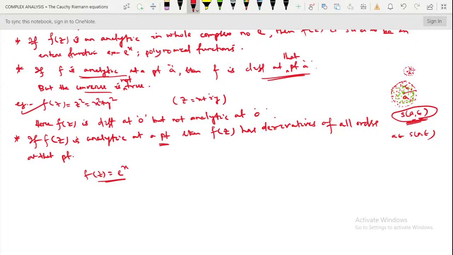So if this is analytic at a point a, then f dash z at a, or f double dash z at a, then f triple dash z, and however many times you take, the derivatives of all orders exist at a. So if it is analytic at a point, then derivatives of all orders exist at that point.